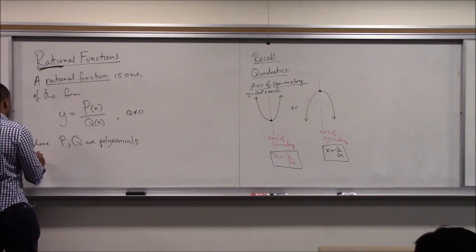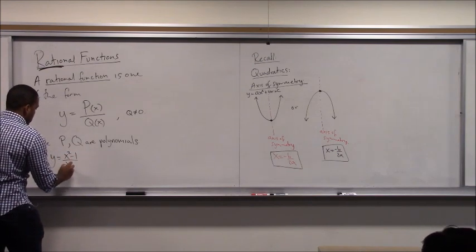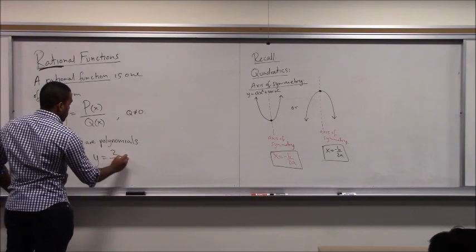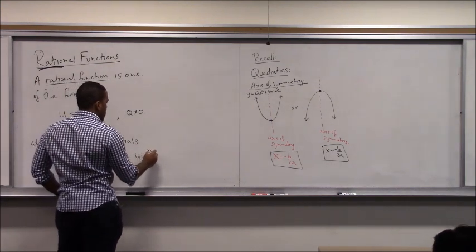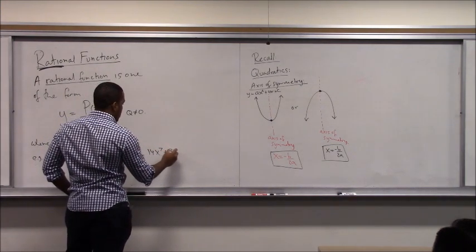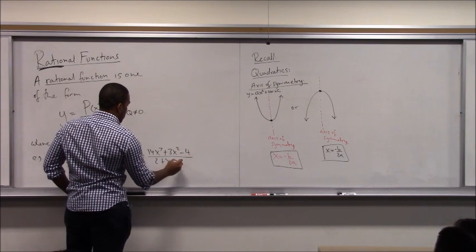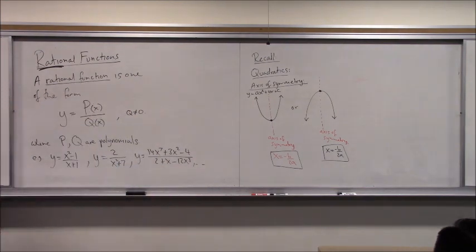For example, y equals x squared minus 1 over x plus 1 is a rational function. y equals 2 over x squared plus 7. y equals 14x to the 7 plus 3x squared minus 4 over 2 plus x minus 12x cubed. These are all rational functions.